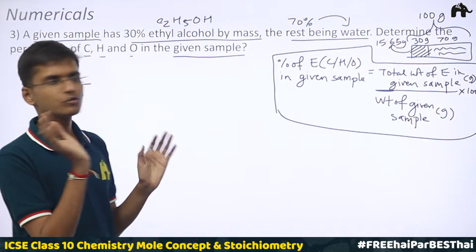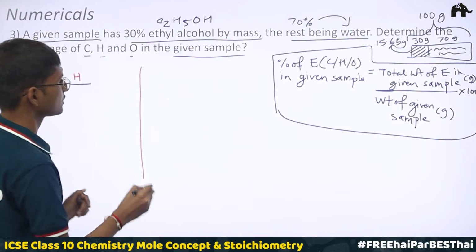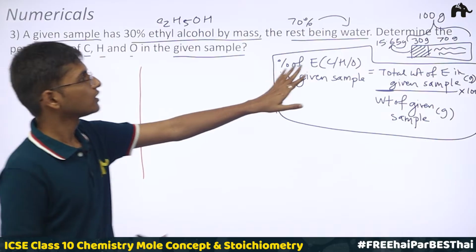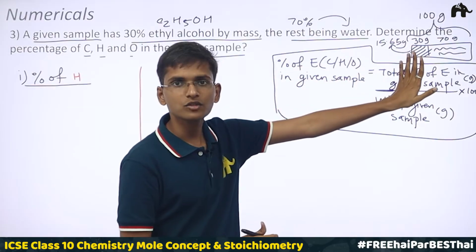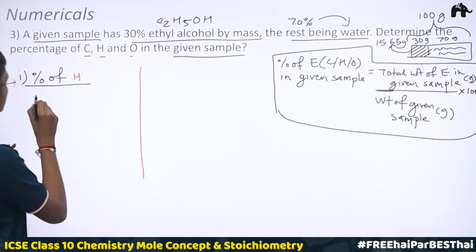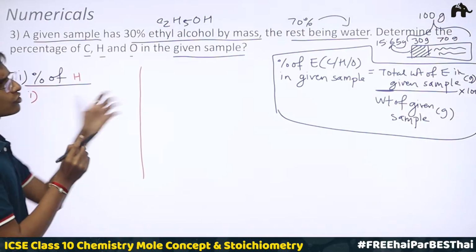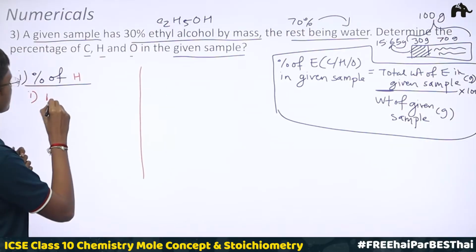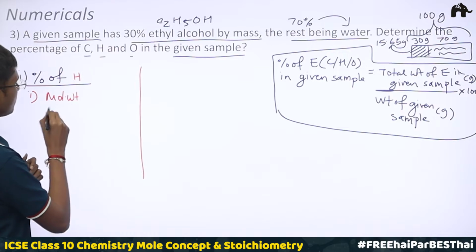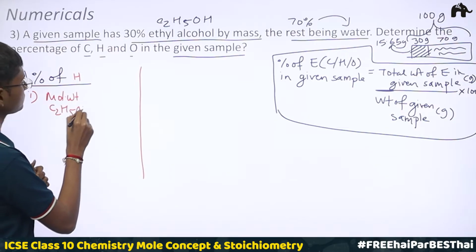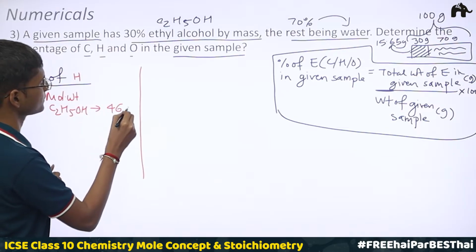Okay. So let's start. I would make here 2 compartments because first we are going to find out how many grams of hydrogen is present in 30 grams of ethyl alcohol. Okay. So this is first. Now, in order to find it, the same way, we would first start with the molecular weight of ethyl alcohol. It's 46 grams, right?